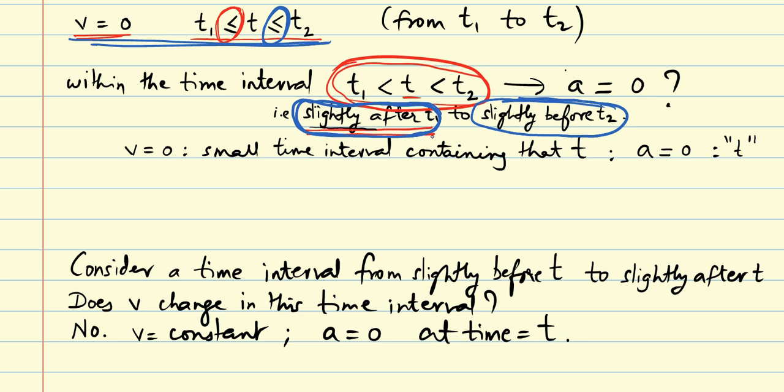Now the time instants in between this and this, those are pretty easy to understand. In fact, we have already proved earlier that at all of those time instants, the acceleration is equal to 0. And hence, we have concluded that the acceleration is equal to 0 throughout the given time interval, which makes option D a correct option.